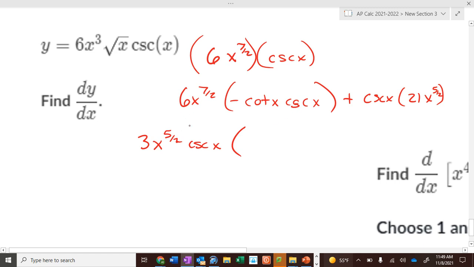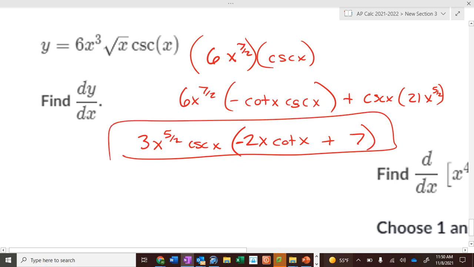Then what's left here is negative 2x cotangent of x, if you multiply what's left there. And then back here, what's left is just 7. Because we factored out the 3 out of 3, and then the x to the 5 halves all came out, and the cosecant came out. And there it is.